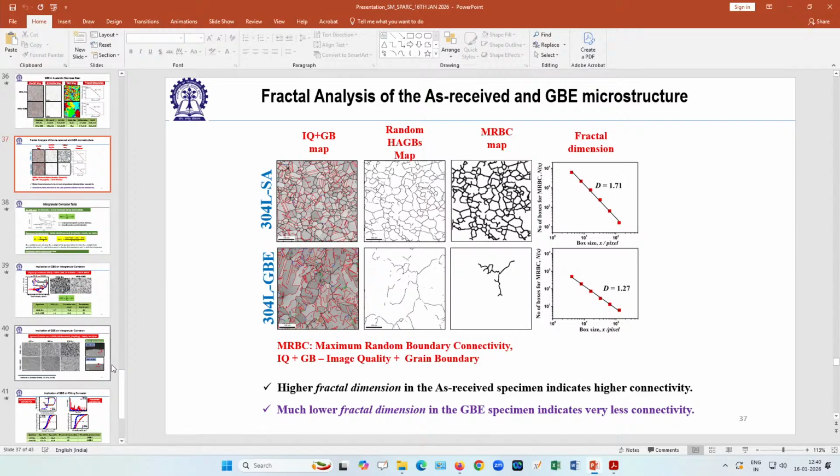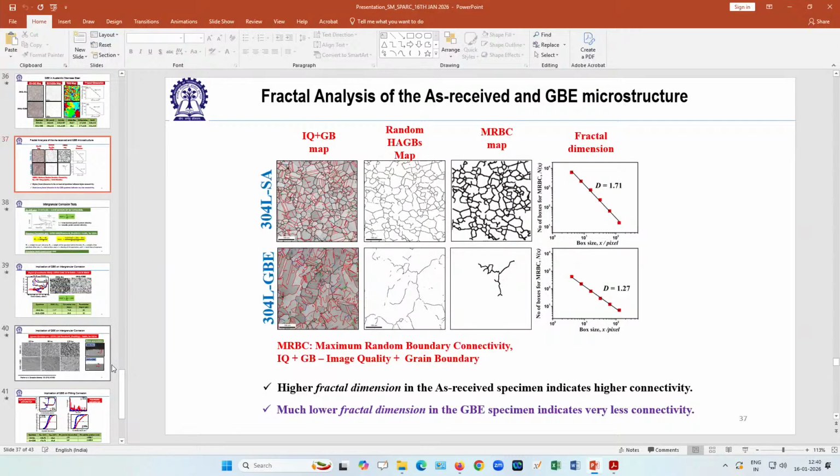May not be, because finally the way we calculate, I don't have that slide, but actually what we do, we start with a higher box size. Suppose first we start with 4 boxes, so we divide this with 4 boxes, and I found out how many of these 4 boxes contain that random boundary.